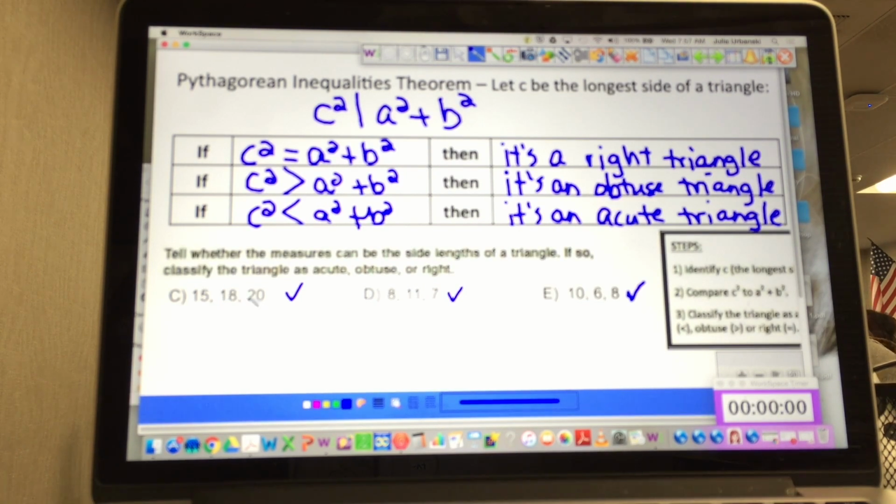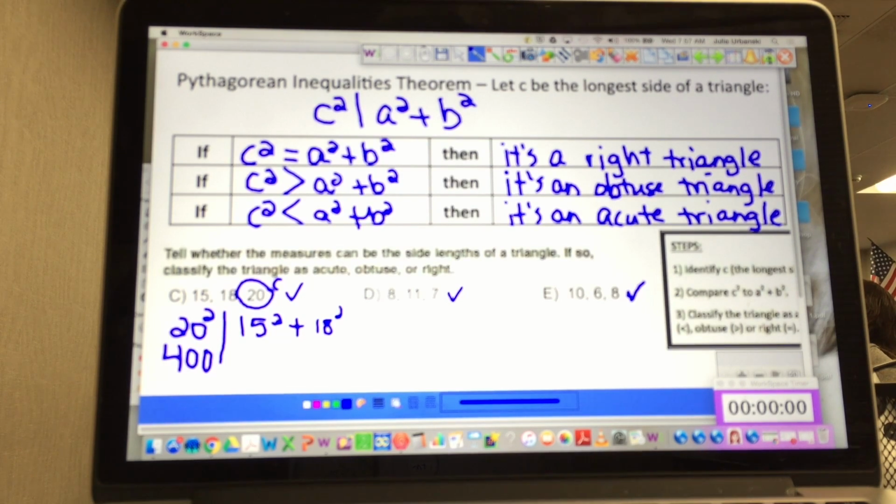Okay, so which letter stands for c? The 20. That one's c. So I'm going to do 20 squared. And I'm going to compare that to 15 squared plus 18 squared. Some of you can do this all in the calculator.